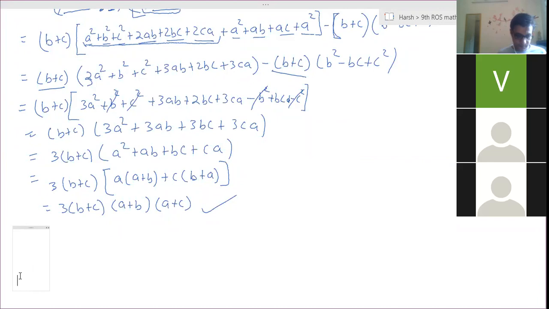Then you will get 2 common. You will take out 2. Then 1 by 2 into 2 will be cancelled. Then you see what is left out: x plus y plus z into x square plus y square plus z square minus xy minus yz minus zx will be left out, which is nothing but that same formula.